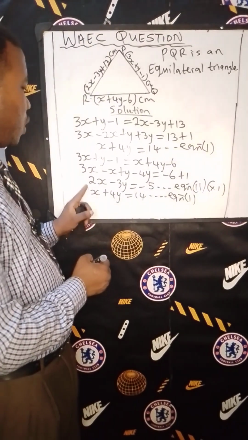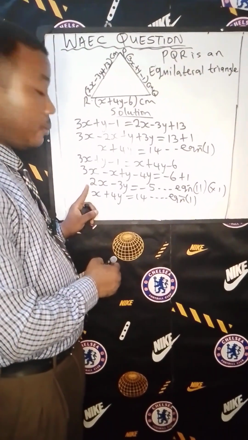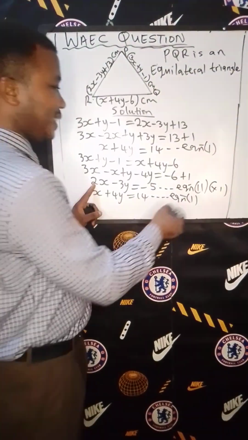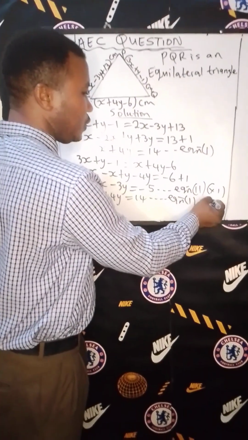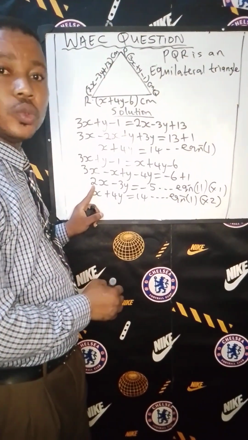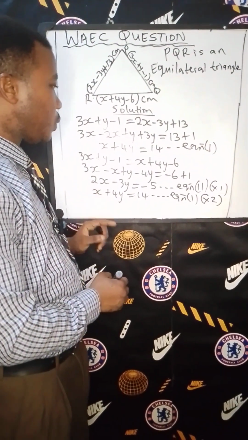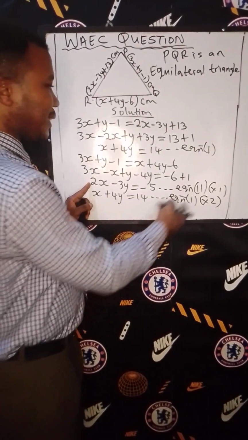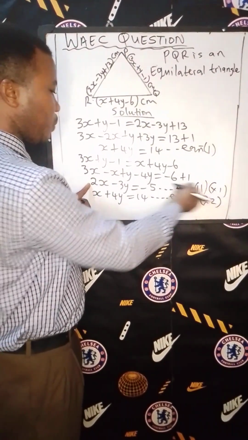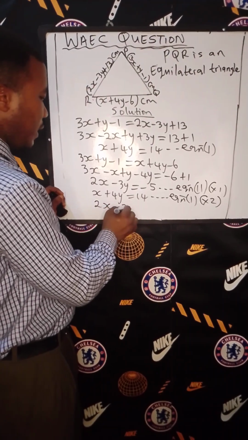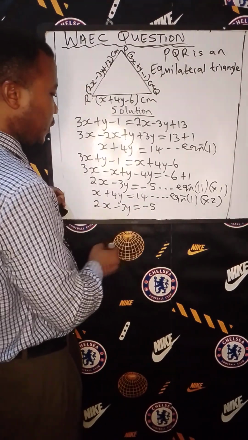While we multiply equation 2 by the coefficient of x in equation 1, which is 2. So it's giving us times 2. Okay. So look at what we are having here too. This is now giving us 2x minus 3y is equal to minus 15, with everything multiplied by 2.